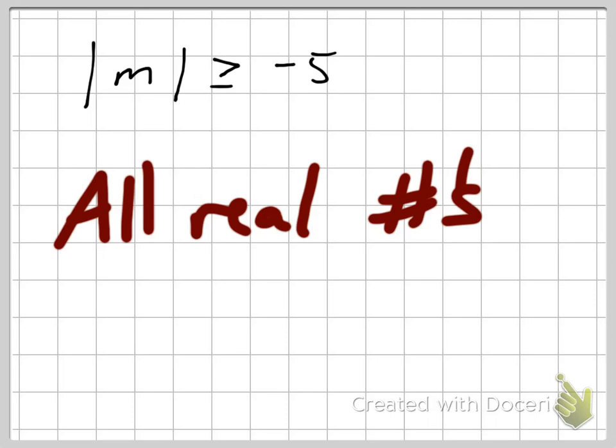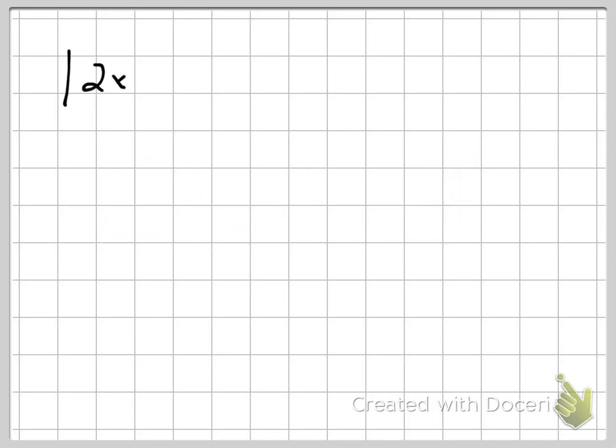All right, so now let's move on to one that's going to take some work. The absolute value of 2x plus 2 is greater than or equal to 4. Sophia, here I come again. Is this an and or an or problem? And. Is that just a wild guess?